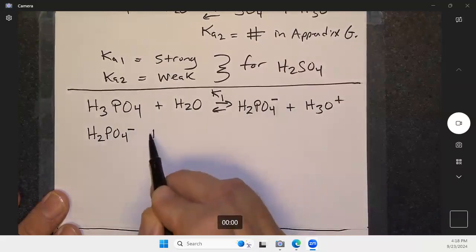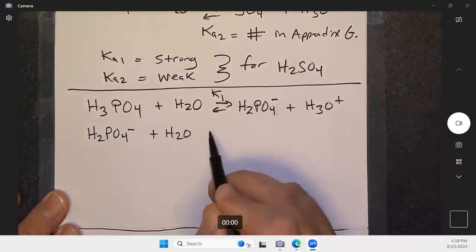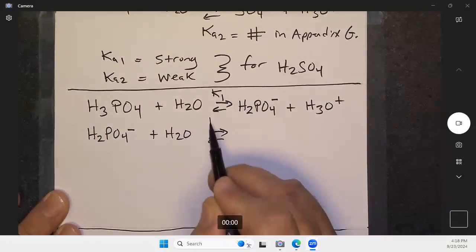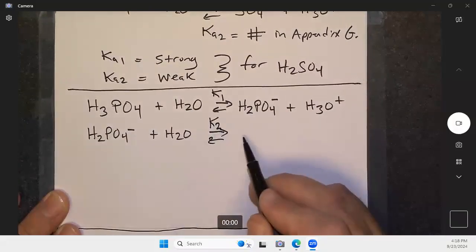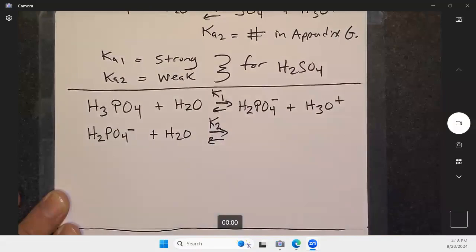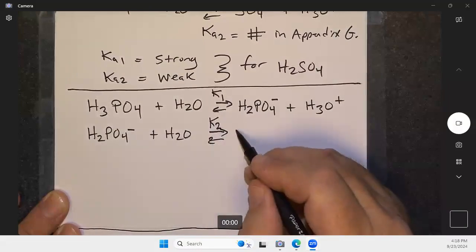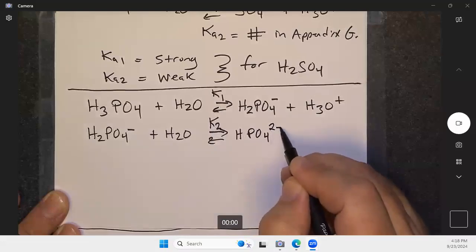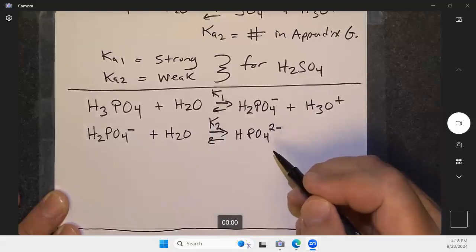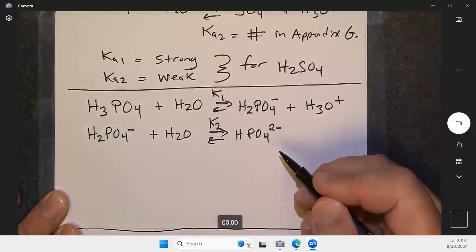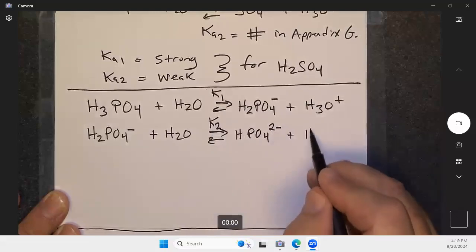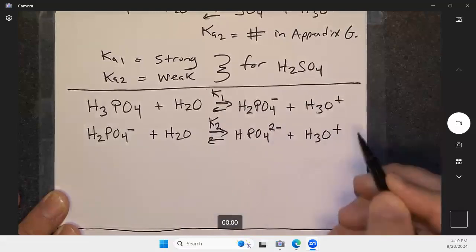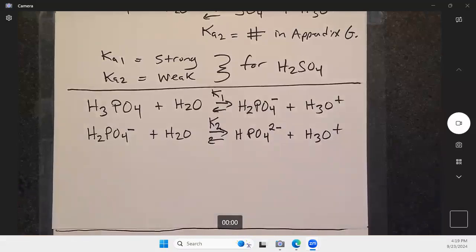So H2PO4 minus can also react with water through what we would call the K2 equilibrium. Take an H plus off, we're left with HPO4 2 minus, hydrogen phosphate dibasic, and we formed another molecule of hydronium ion.